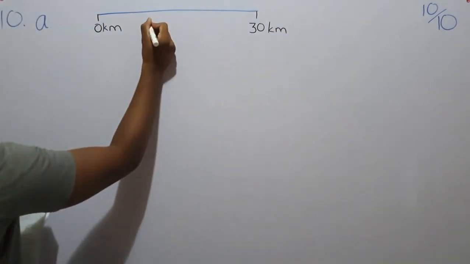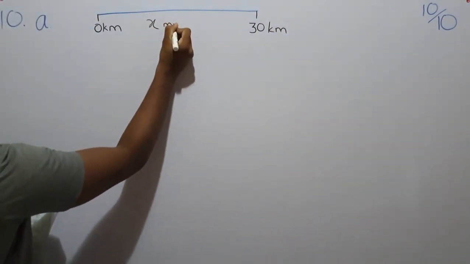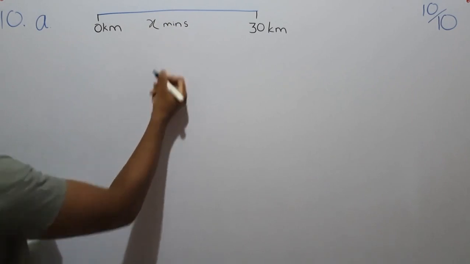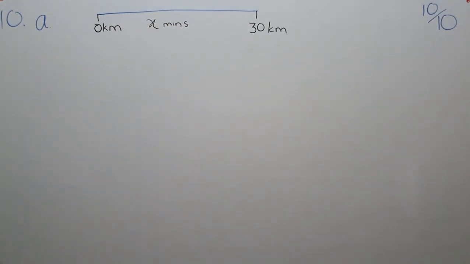And she takes X minutes. So show that her average speed in kilometers per hour for the first 30 kilometers of the journey is 1800 over X.